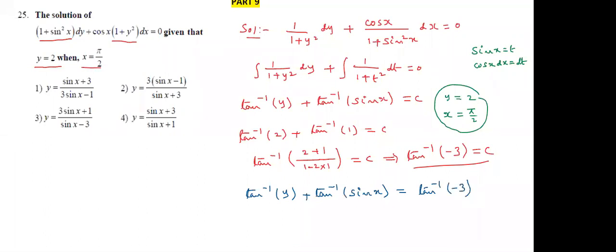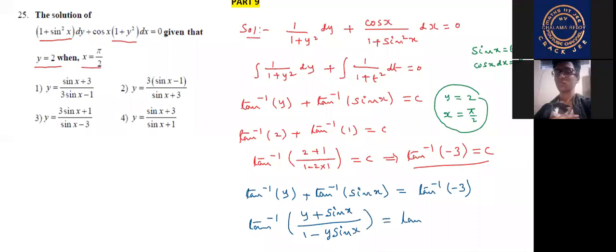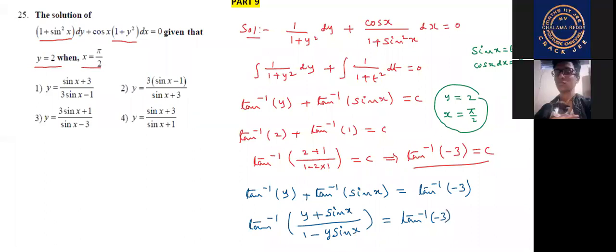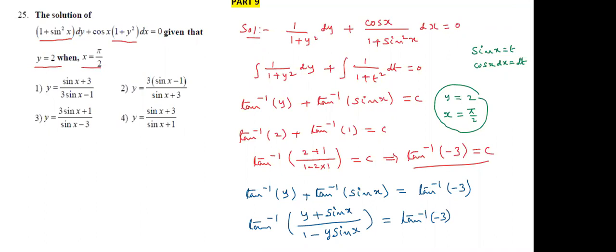Left hand side, see that tan inverse of x plus tan inverse of y formula: tan inverse of (y plus sin x) divided by (1 minus y sin x), that is equal to tan inverse of minus 3. Okay, now tan inverse is going to cancel.